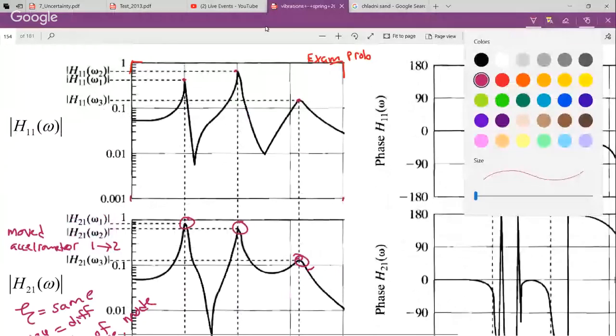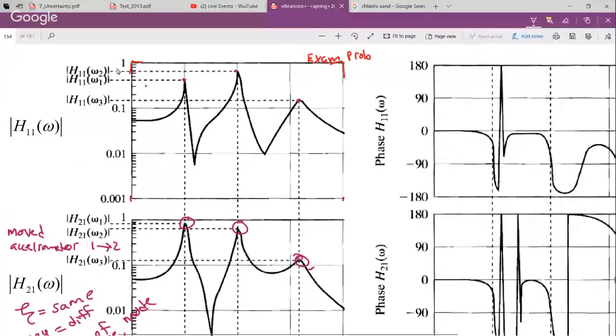Let's write that down. The magnitude here at the same frequency is about 0.9. And then the magnitude here is about 2.5. Everybody with me? So 0.3, 0.9, and 2.5. Those are the three values for those three different locations.